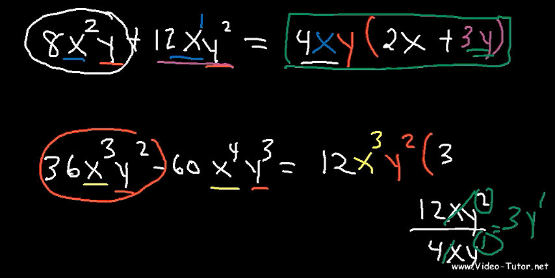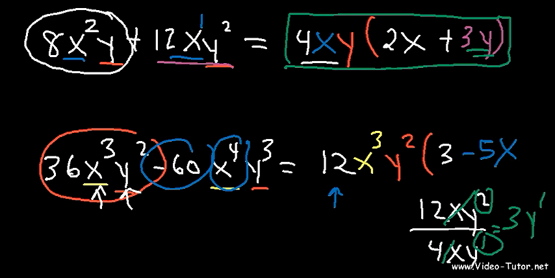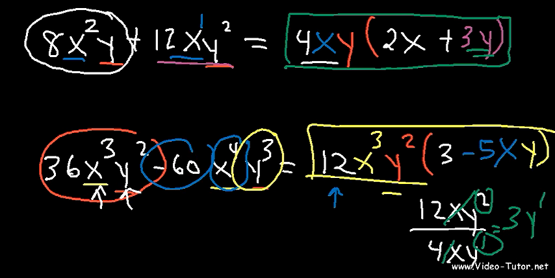And we took out all 3 x's and all 2 y variables, so there's nothing left over. Now for the next term, negative 60 divided by 12 is negative 5. And out of the 4 x variables, we removed 3, so there's 1 left over. And out of the 3 y variables, we only took out 2, so there's 1 y left over. And that's how you factor it.